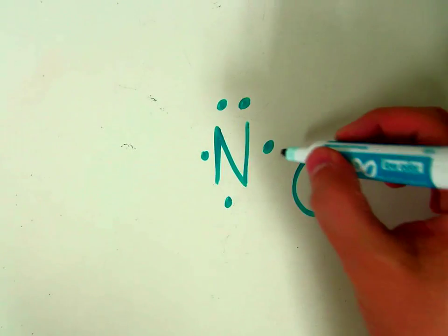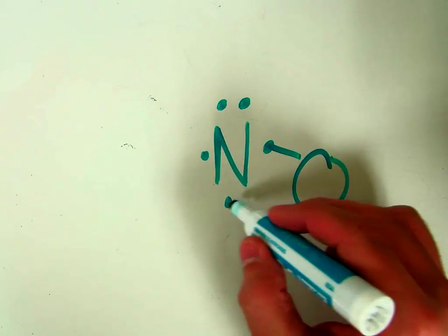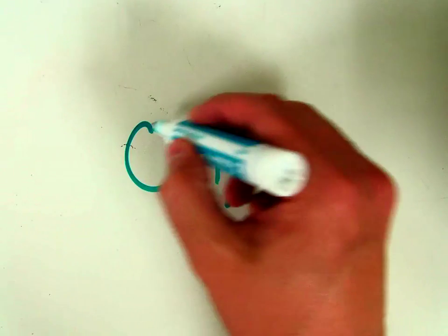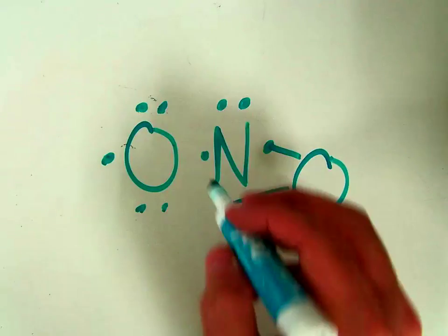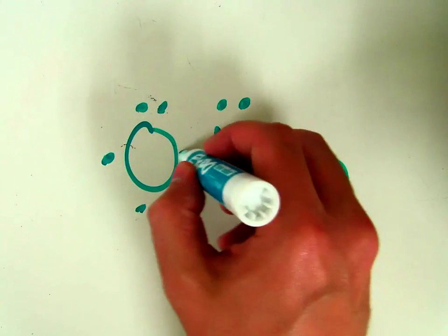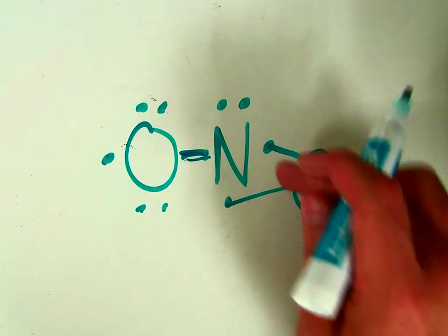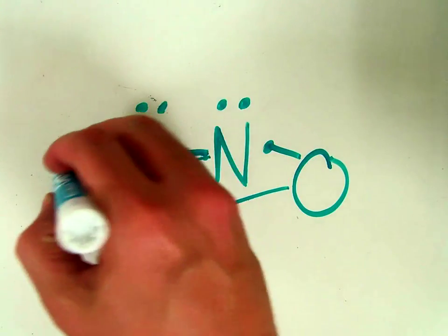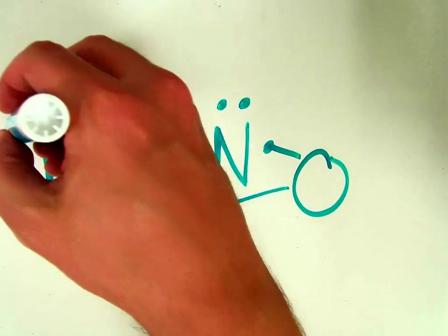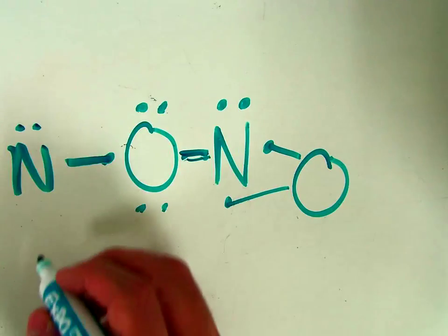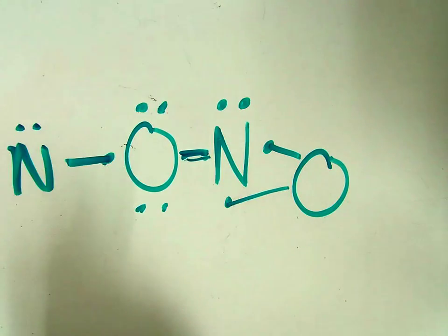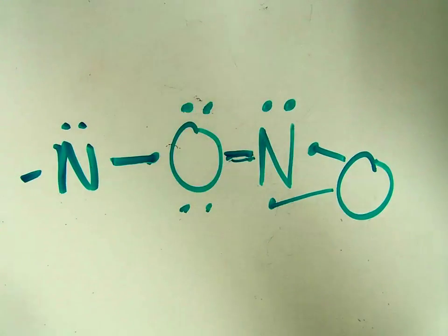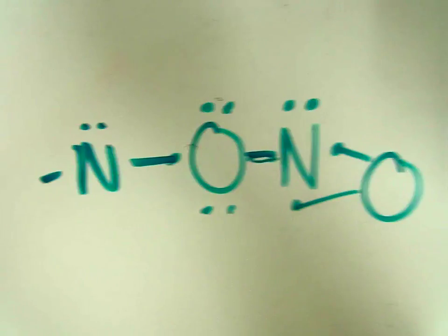Oh, you know what? So this is going to go together like this. So we've got a double bond here, a single bond, another single bond, and then I ran right out of the frame.